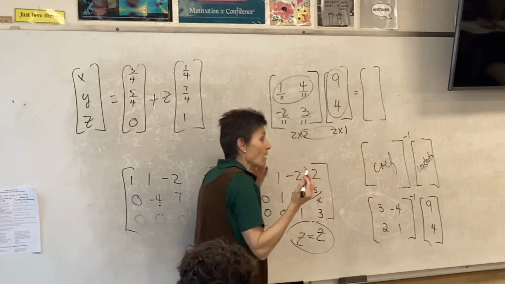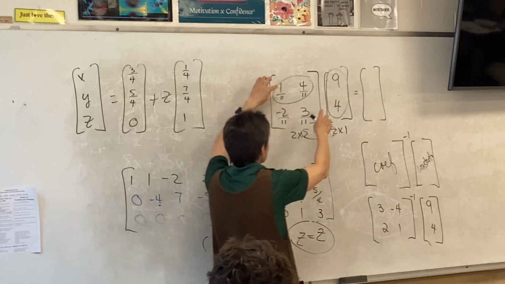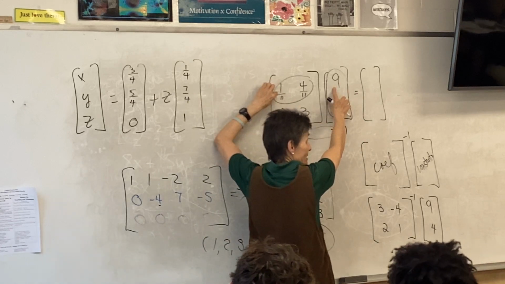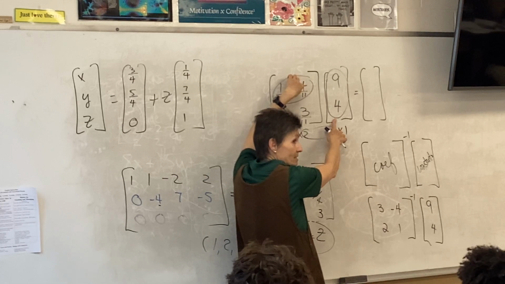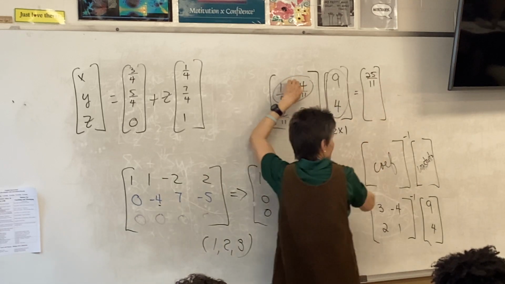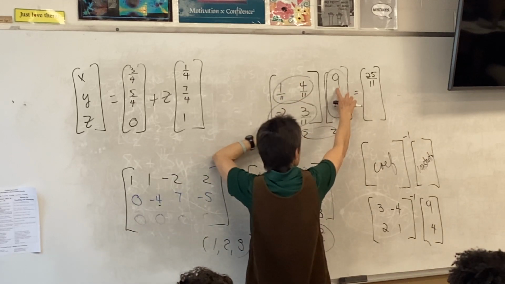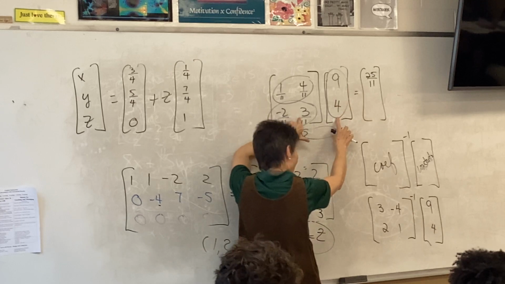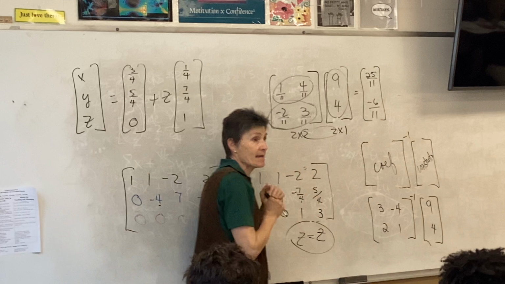Do not freak out about the fractions. You have a common denominator. So this is 9 elevenths. This is 16 elevenths. So 25 elevenths. And then use these. Negative 18 plus 12. Negative 6 elevenths. And that's the answer to the problem.